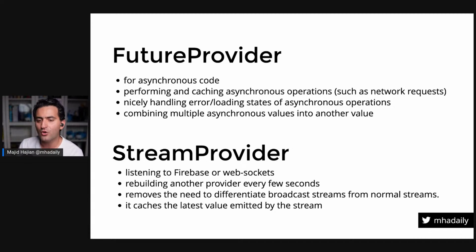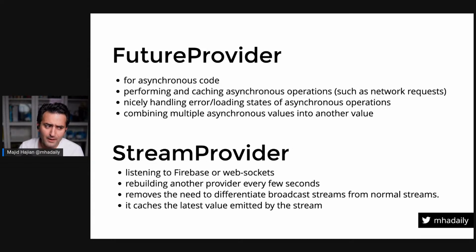And then you have the future provider where you need to do asynchronous code, for example, doing some kind of network request, or caching stuff asynchronously. So whatever I say about the future provider, it's almost identical to stream provider too. You can use that. The only difference is between future and stream.